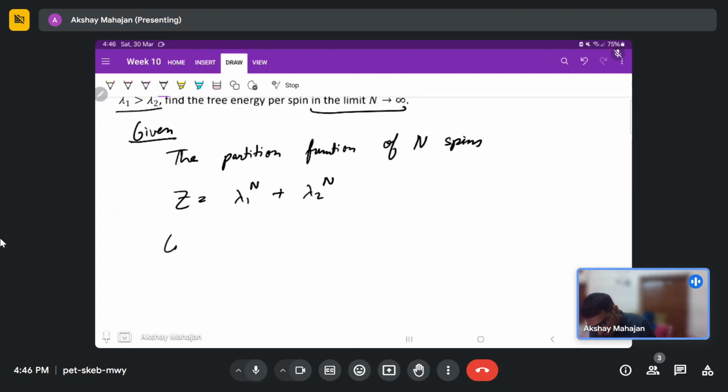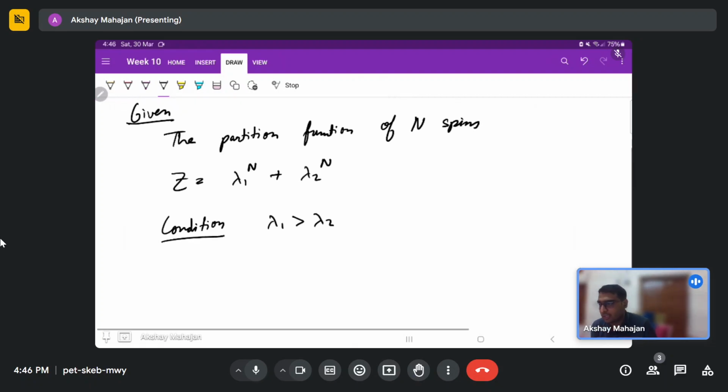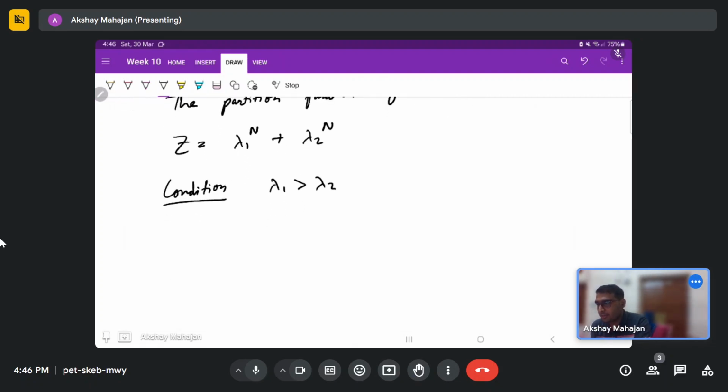Now condition is given to us that lambda 1 is greater than lambda 2. Okay, this is the condition that is given to us. So what we can do is, in this partition function Z, I can take lambda 1 to the power n common, then we are left with 1 plus lambda 2 by lambda 1 whole to the power n.